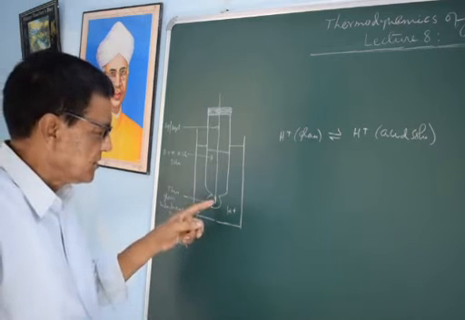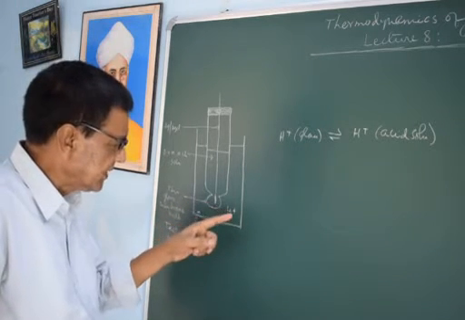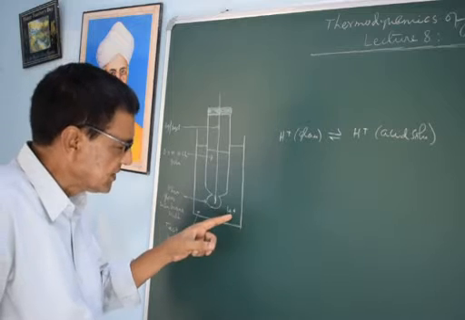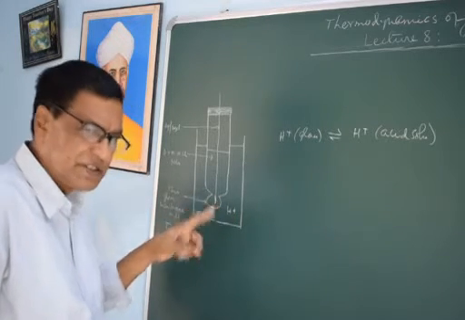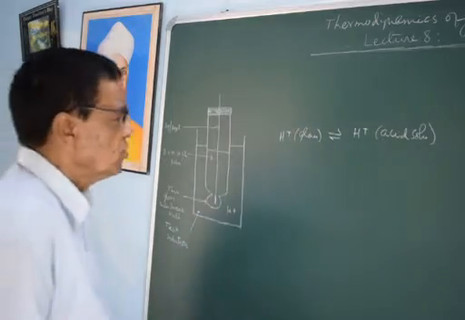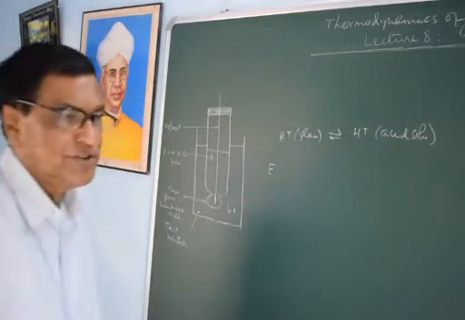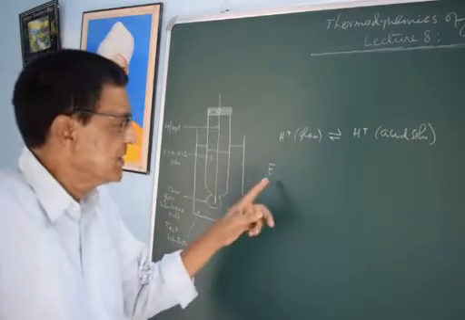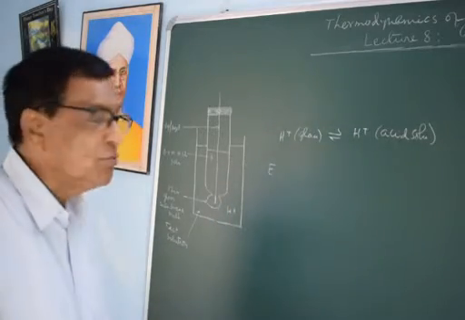Here the hydrogen ions within this surface of the glass membrane are at higher concentration, and here the hydrogen ions within this glass surface are at lower concentration. So this is just like a junction potential, similar to liquid junction potential; it is also a boundary potential.